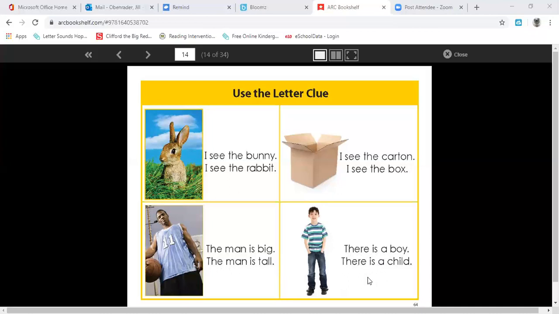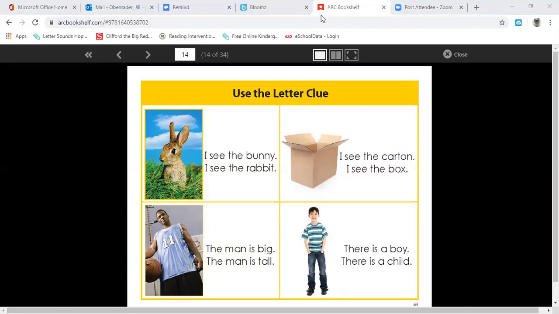We need the one that says there is a boy. Boy. That would start with the letter B. There is a boy. So they would choose this one instead of there is a child, because they were looking for the B sound. All right. I hope you learned a little bit more from that slide, and it will help you with your reading when you are tracking those words and they're using the pictures still to tell the story, but they're looking at that beginning sound when it comes to that unfamiliar word.